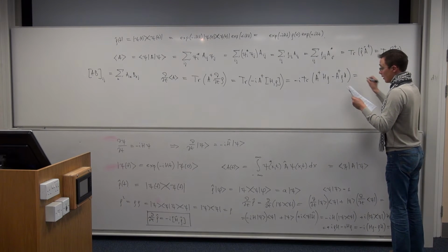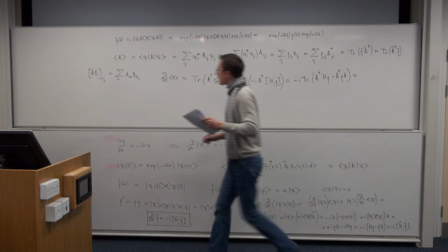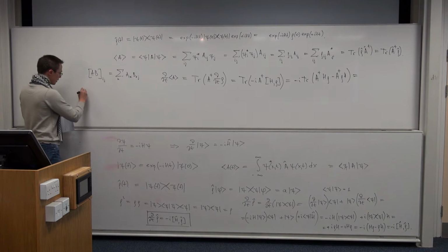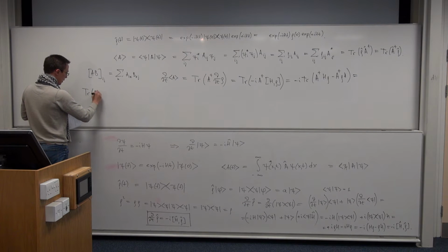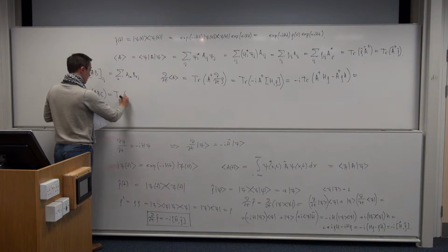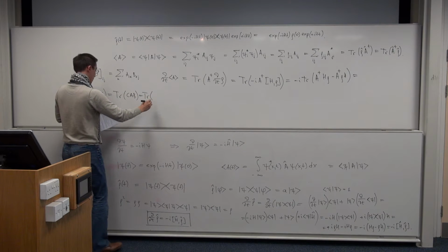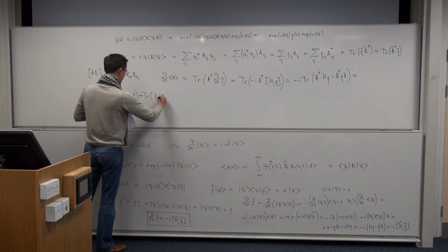That, after we do the cyclic permutation under the trace, I guess I'll make another aside here. Trace of ABC just happens to be equal to trace of CAB, which is trace of BCA.